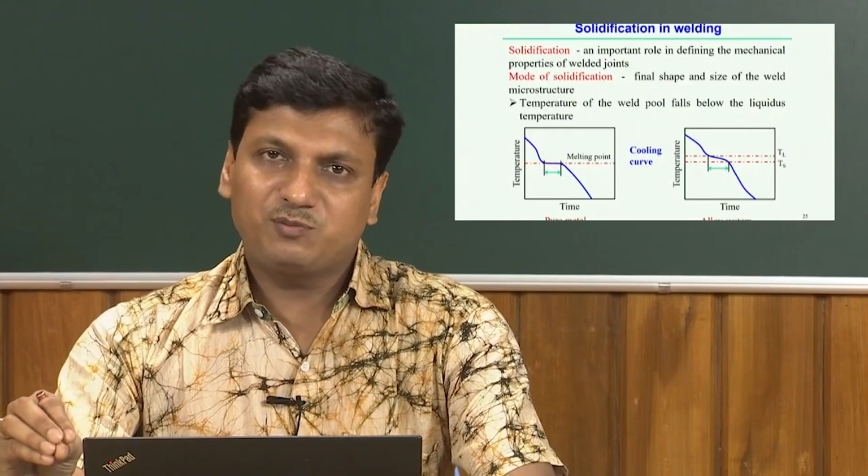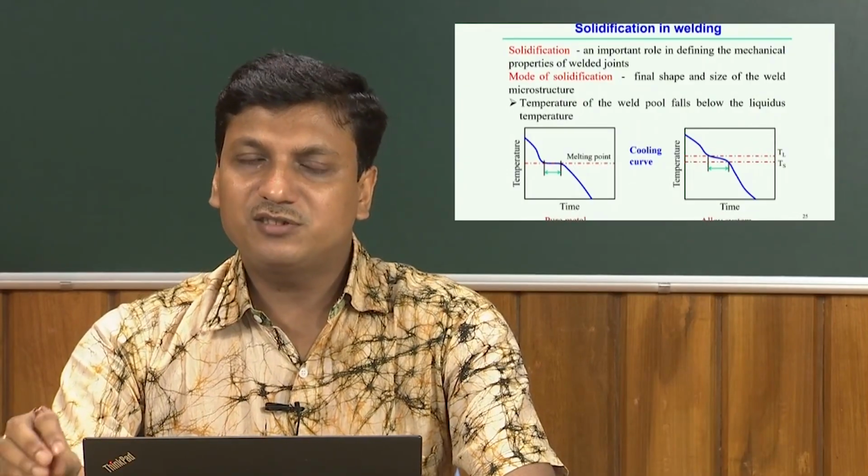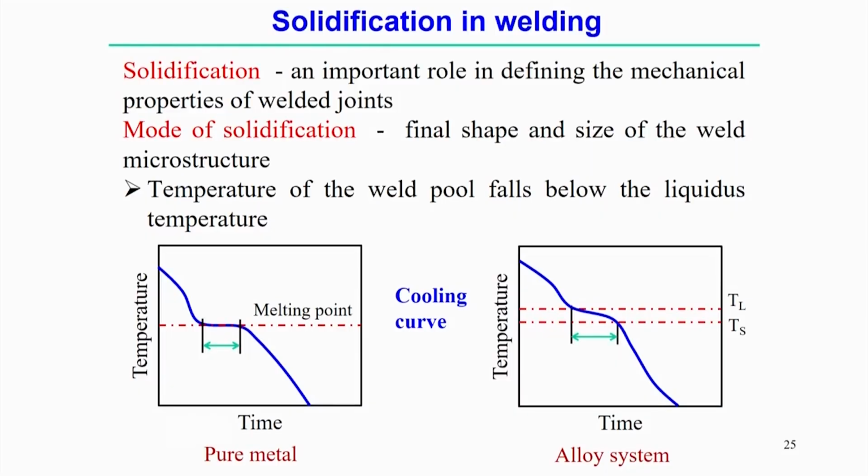So, in the case of a pure metal, there is a single melting point temperature. That means the change from liquid molten pool to solid material happens at a single temperature, but over a lapse of time.